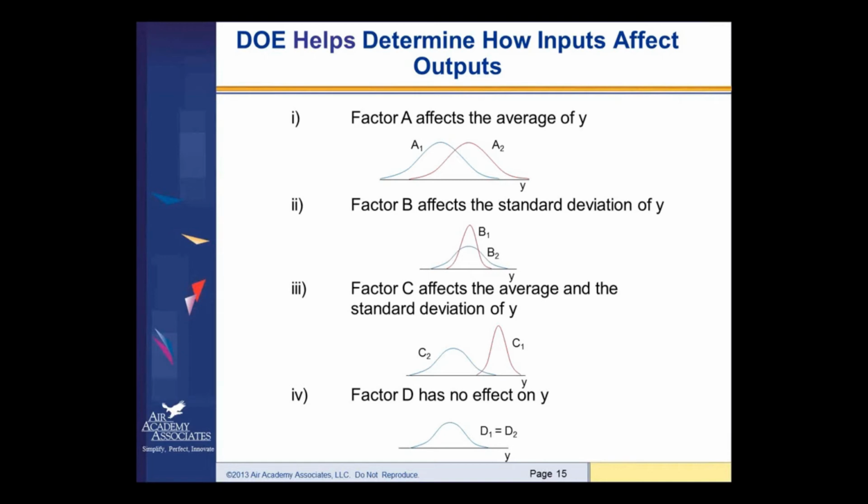Well, if factor D is two different sensors or two different vendors, factor D may have no effect, and that may be a way that we can save some cost. But at any rate, DOE helps us determine these effects on the mean and the standard deviation of our performance measures, and we cannot make these conclusions unless we can evaluate these factors independently.